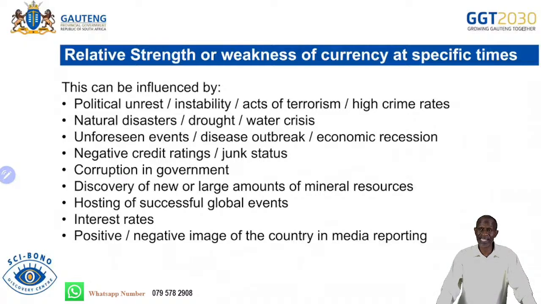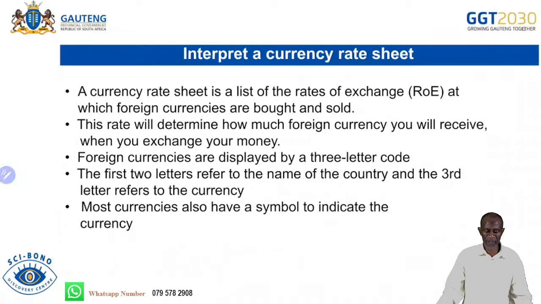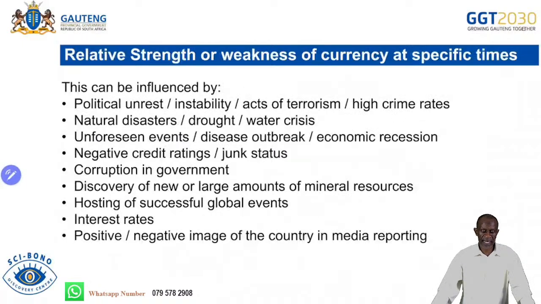One, political unrest or instability, acts of terrorism, and high crime rate. So all these aspects that I've indicated have a potential to chase away tourists from visiting. Political unrest, people will be scared to visit a country where there is unrest.